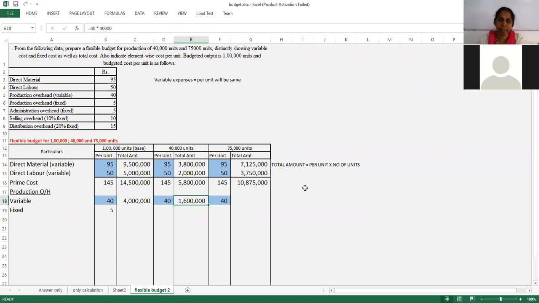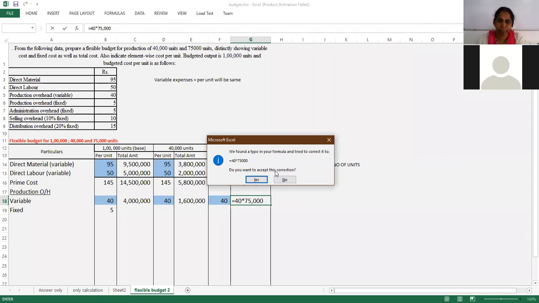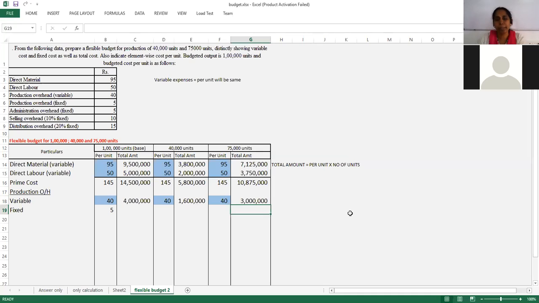I'm writing it as 3 digits; you can write according to our Indian format as 16 lakhs. Next is this one: per unit is 40 rupees multiplied by the number of units, 75,000 units. It is coming 30 lakhs.